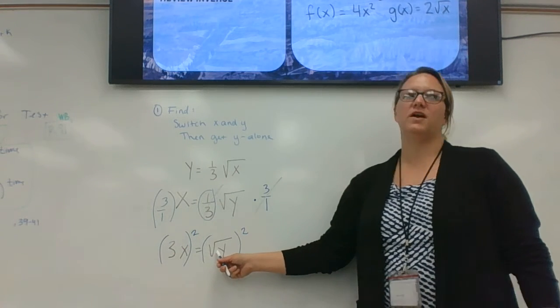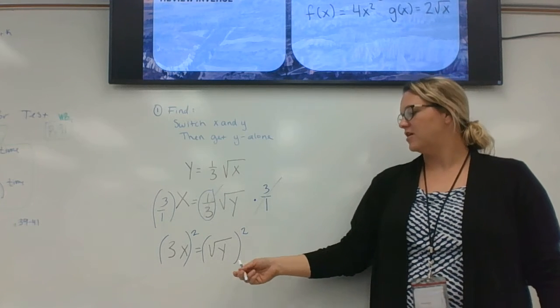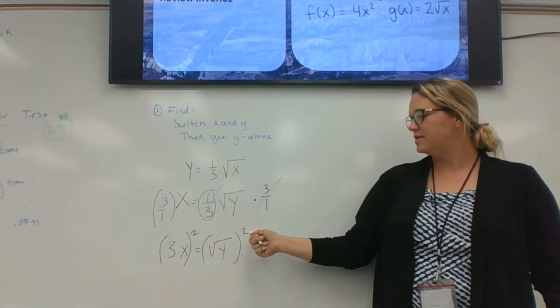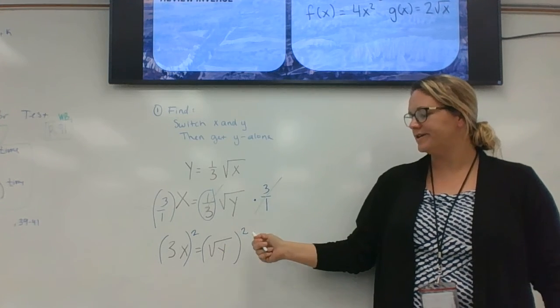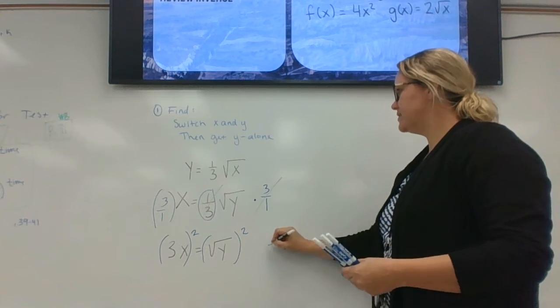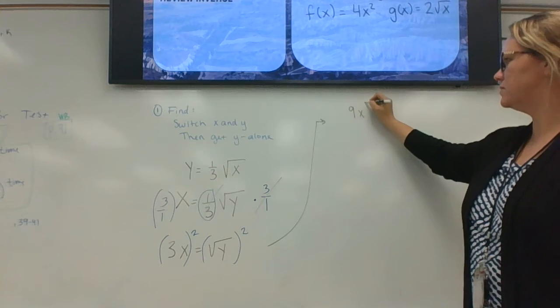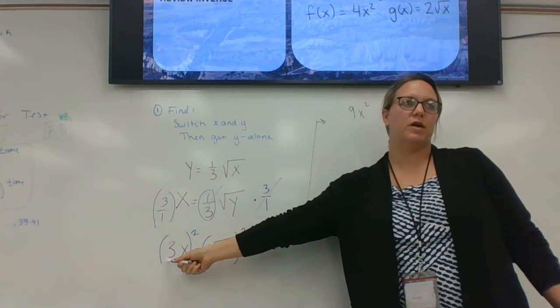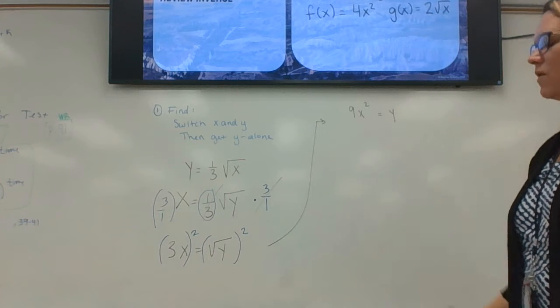To cancel a radical, use square root. Those are inverse operations. The inverse of a square root is an exponent of 2. So if you want to cancel it, you square it. So that leaves us with 9x squared, because you square both the 3 and the x, equals y.